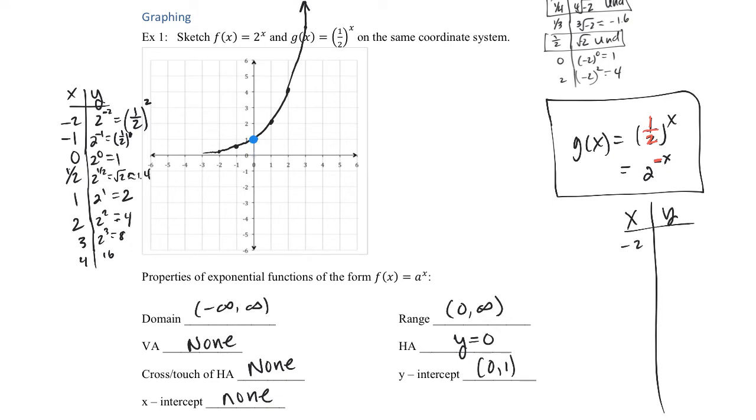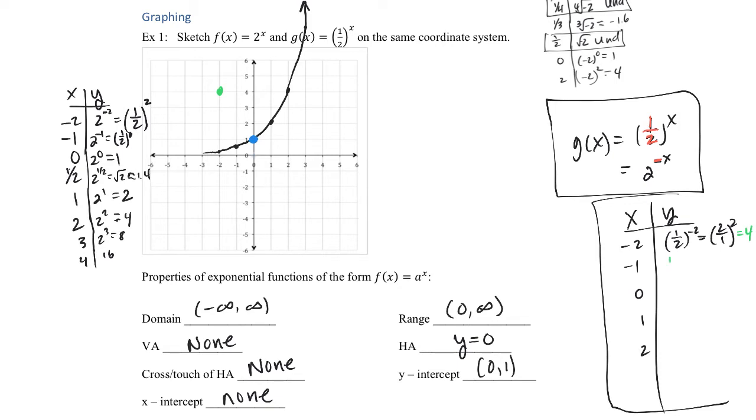Okay, so I'm going to do my inputs. If I had 1/2 to the negative 2, it would be the reciprocal to the positive power, so that would be 4. I'll do this one in green. At negative 2, we'd be up at 4.